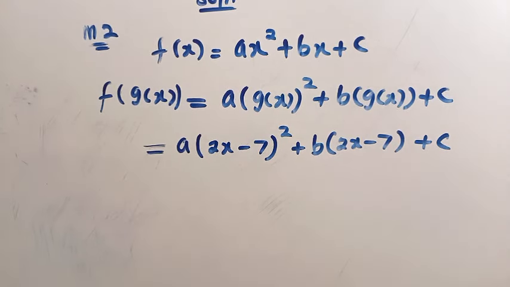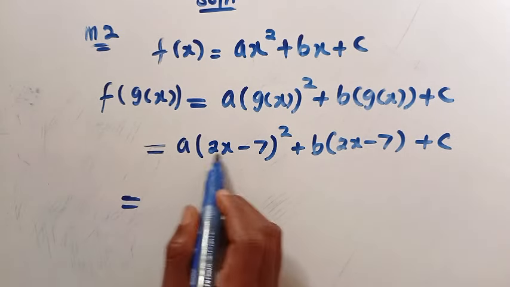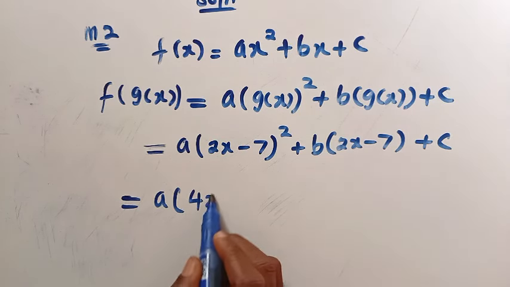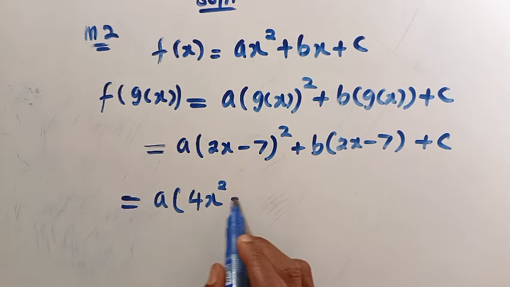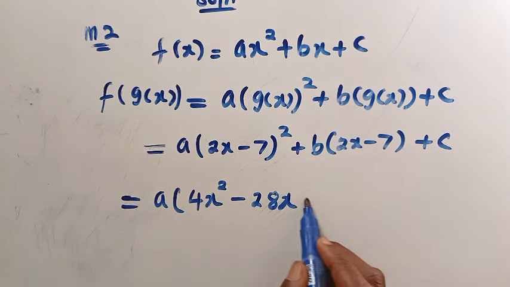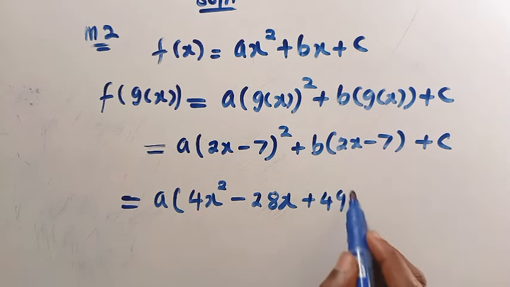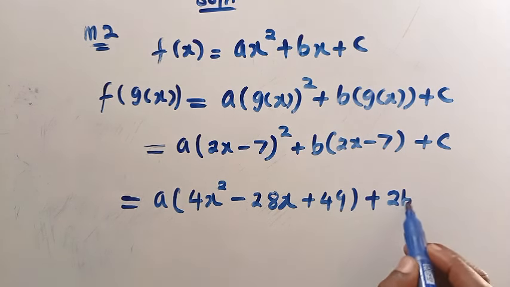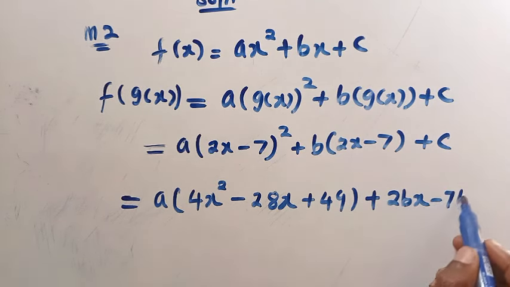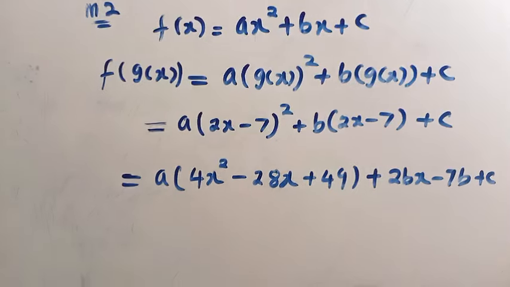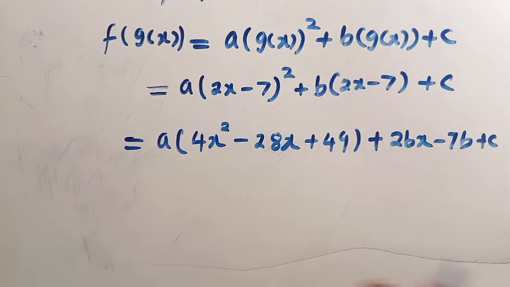So by trying to expand this, we have a into bracket of, this gives us 4x squared minus 28x plus 49. Then we have plus 2bx minus 7b, then plus c. Everything equals 4x squared minus 2x plus 1.